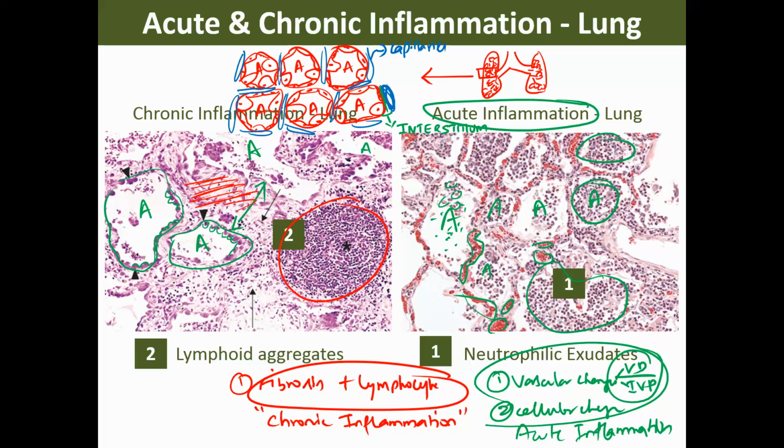Because of the fluid and the increased secretion of the bronchial glands, we get sputum and cough. If you see that sputum under the microscope and find a lot of neutrophils, that is the evidence of acute inflammation in the lung.